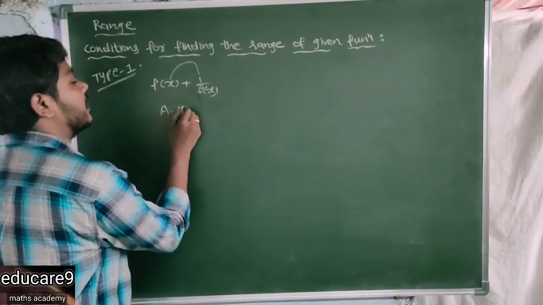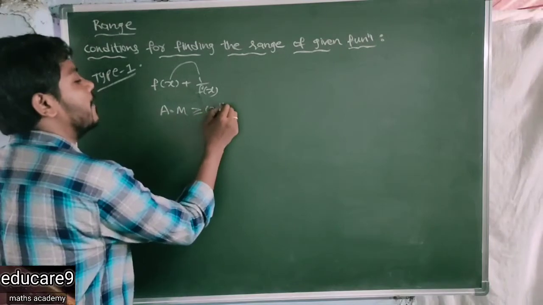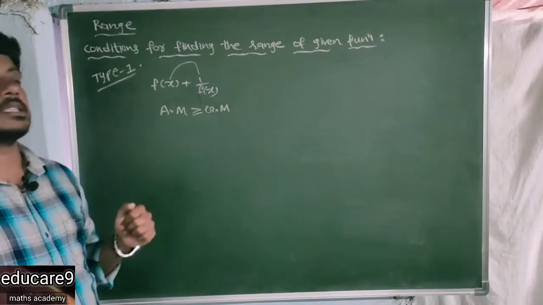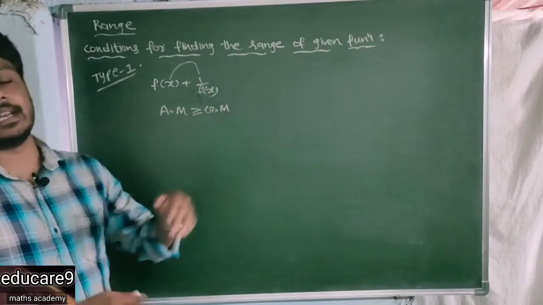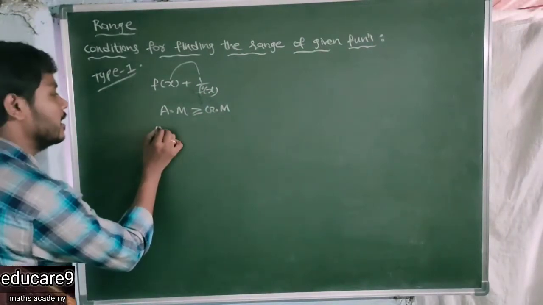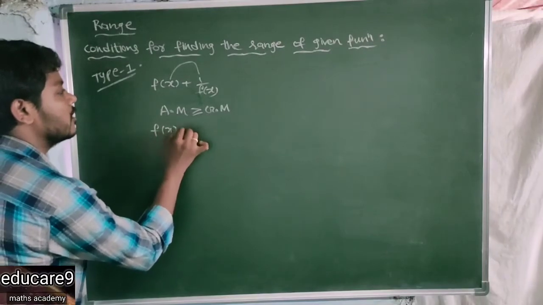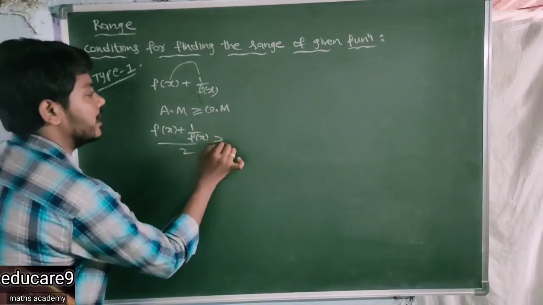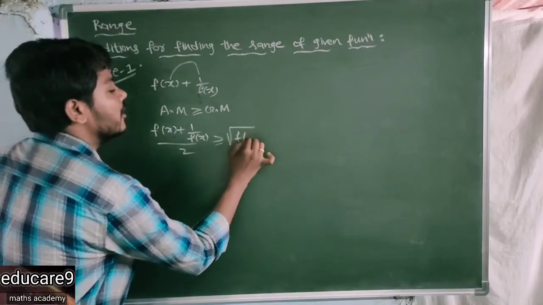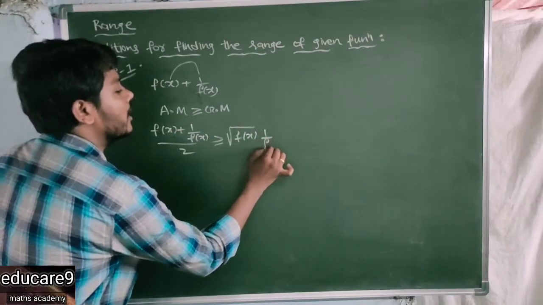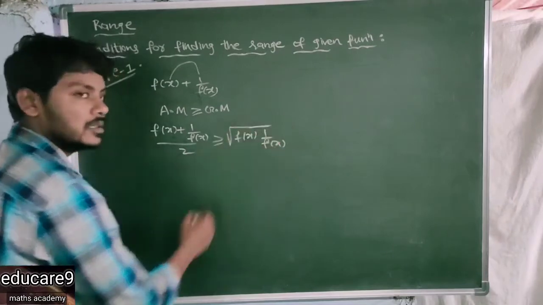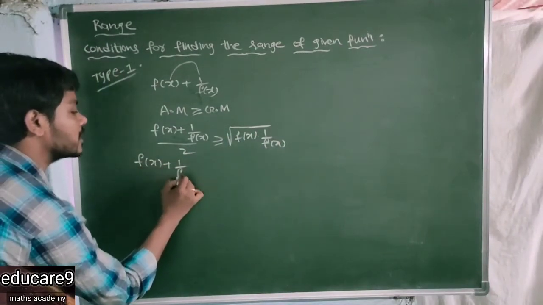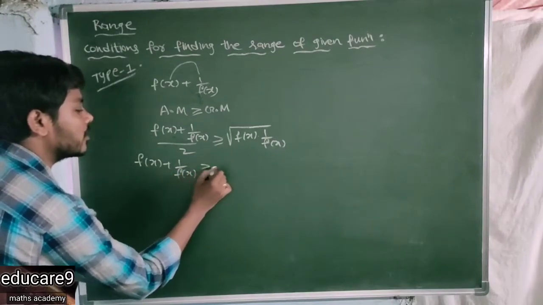AM is greater than or equal to GM, meaning the arithmetic mean of those two functions is greater than or equal to the geometric mean. So (f of x plus 1 by f of x) by 2 is greater than or equal to root of f of x into 1 by f of x. So clearly f of x plus 1 by f of x is greater than or equal to 2.